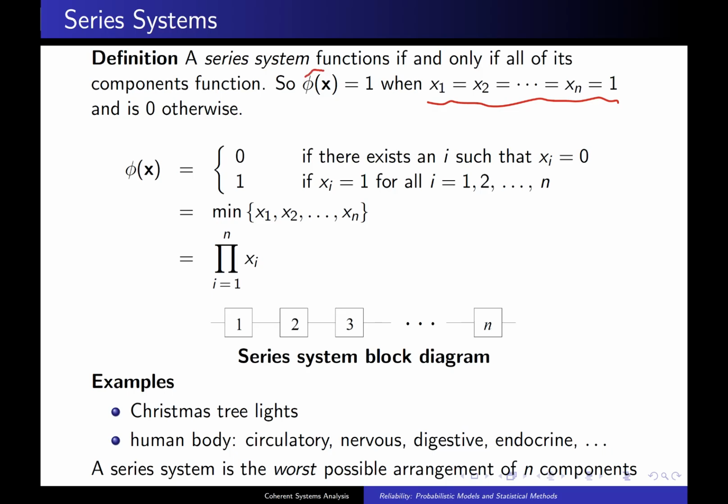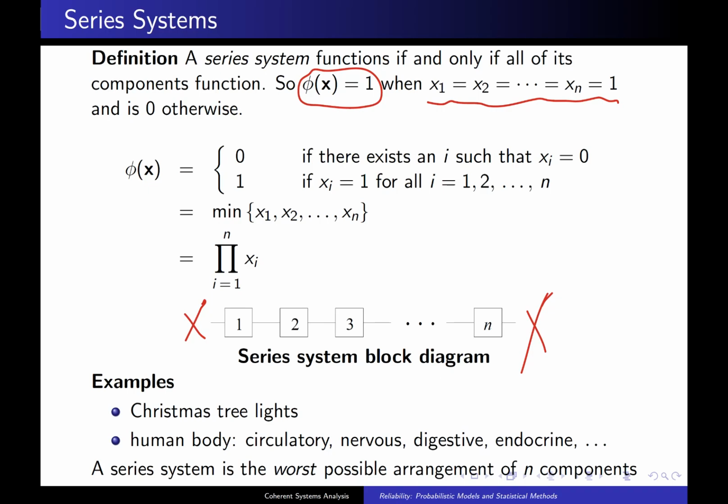So you have an operating system when all of the components are operating. There's something called a reliability block diagram, and down below here is that block diagram. You can think of it this way. If you put your finger right here on the far left, if you can trace your finger through all functioning components to the far right-hand side over here, then the system is operating.